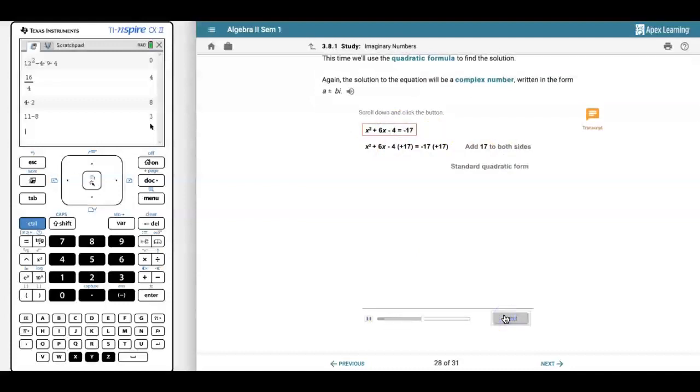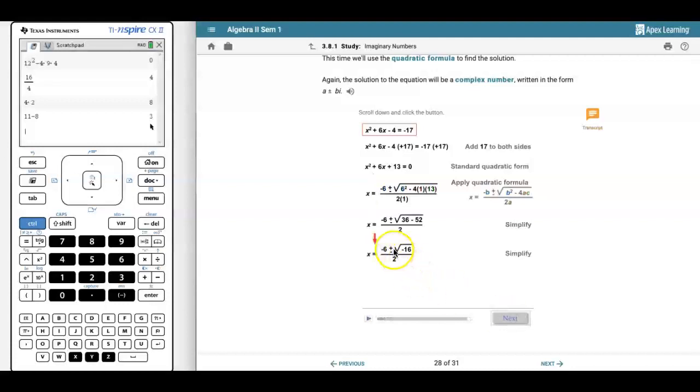All right, so now we get to our standard quadratic form. We are able to plug in our values to the quadratic formula based on our a, b, and c values. All right, we are able to then simplify. Okay, and we can simplify further, and we result in square root of negative 16. So immediately we know we're going to have two imaginary solutions here.